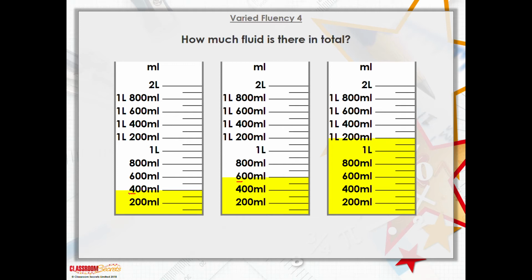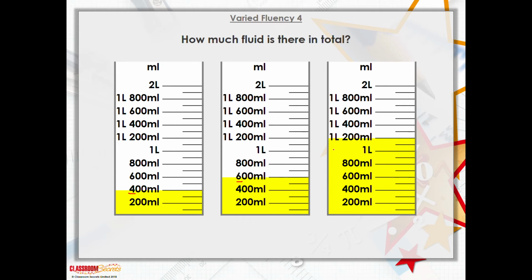Now, can you think back to yesterday's lesson when I went over with you how many millilitres is in 1 litre? Well done, there is 1 litre, so 1,000 millilitres in 1 litre. So in these 2 containers, we have 1 litre altogether.